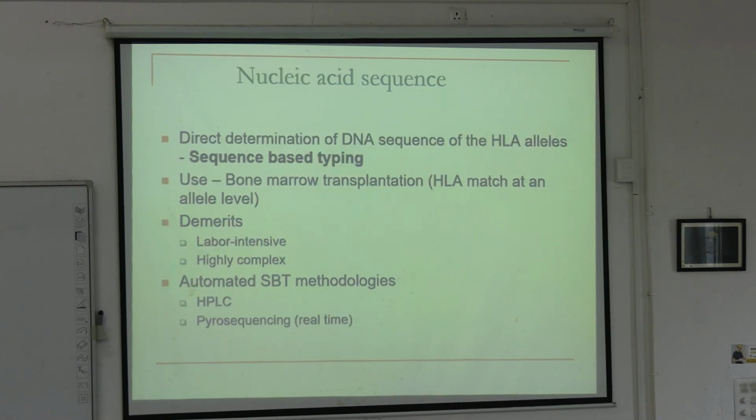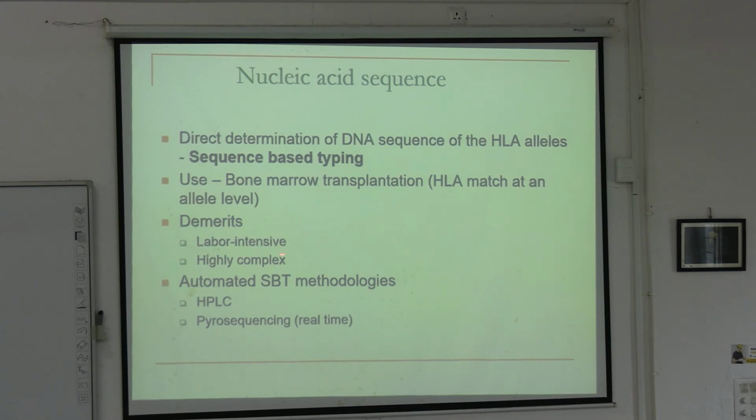Next, coming to nucleic acid sequencing. This is direct determination of the DNA sequence of HLA alleles. So it is a sequence based typing. Where is it used? It is used mainly in bone marrow transplantation. What are the demerits?